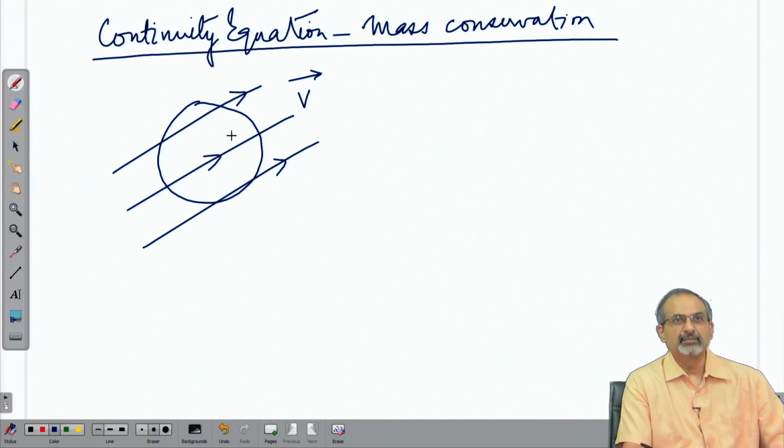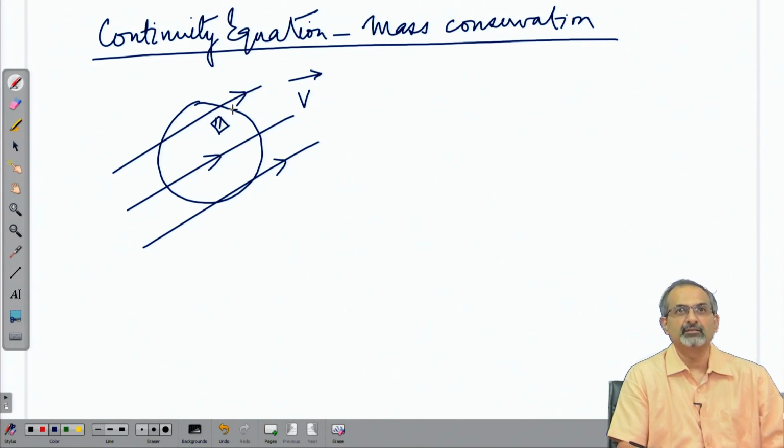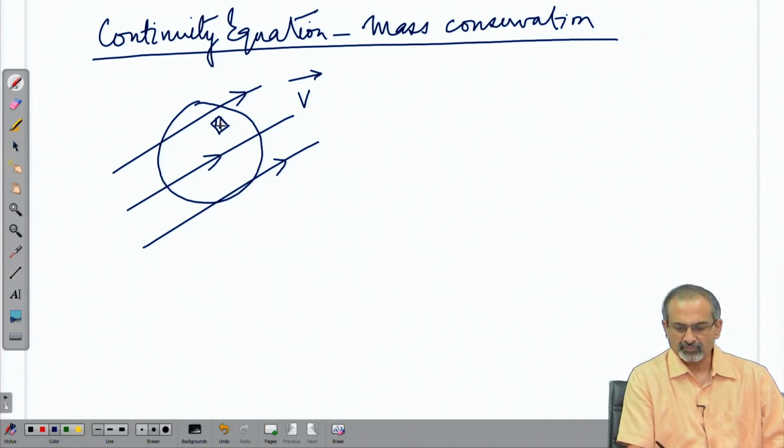And if you look at this control volume closely, on its surface, which we call the control surface, you can define small elemental areas, and you can draw the unit normal vector, you can draw the local velocity, and inside the control volume you could draw elemental control volumes.